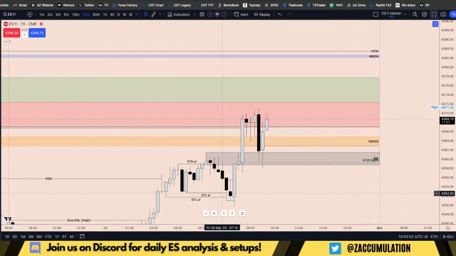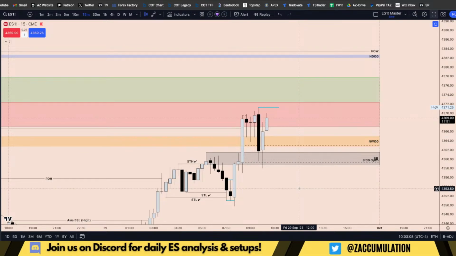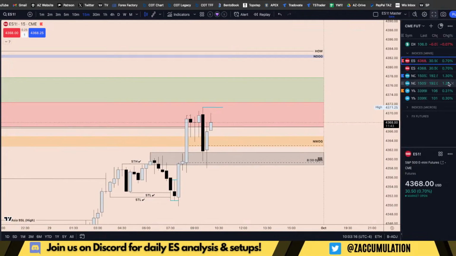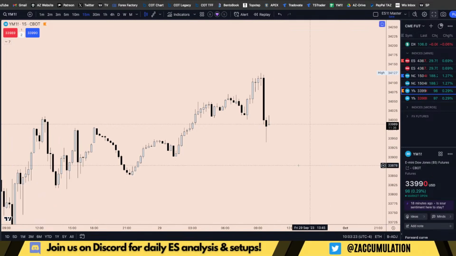So let's keep on watching price. We still want to see the break above this high, a strong push through the 1 hour bearish fair value gap to continue towards the high of the week. If we quickly switch through charts, YM, what's YM doing? YM is still bearish.